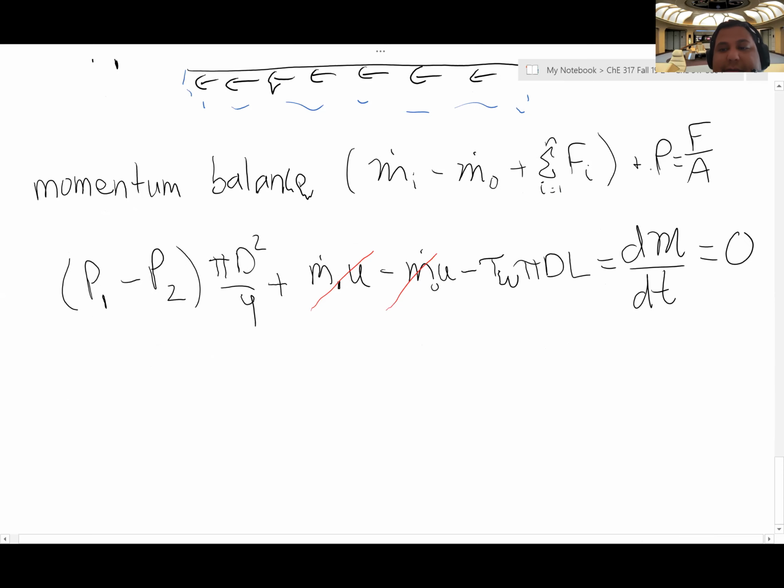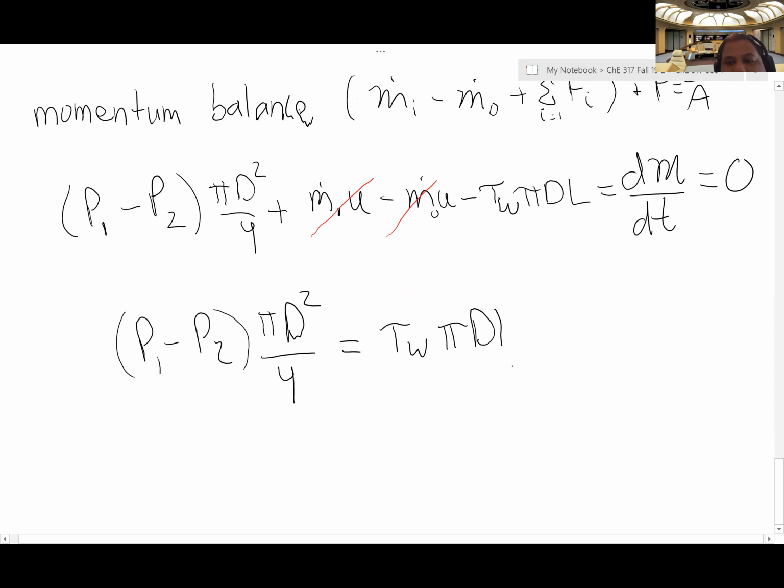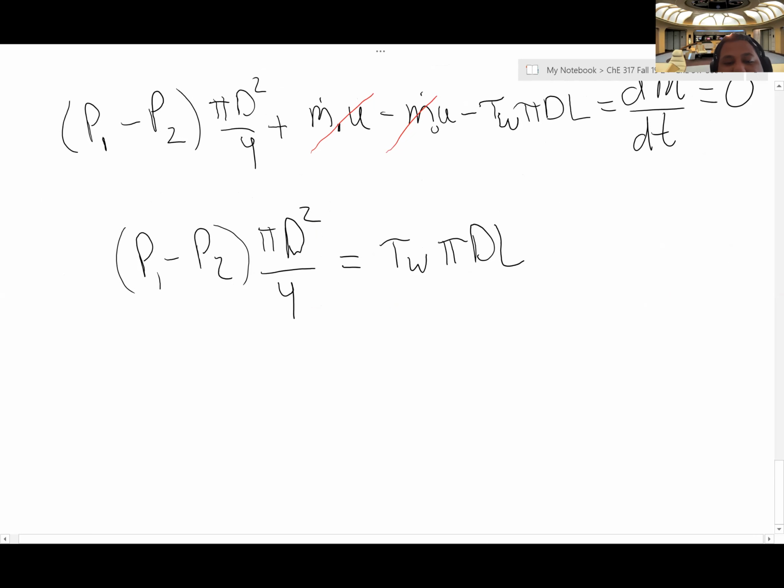So what does that leave me with? Well, that tells me that the pressure in minus the pressure out times pi times d squared over 4 has to be equal to the shear stress acting over its surface. Which means if I wanted to solve for shear stress, I can divide by pi dL.